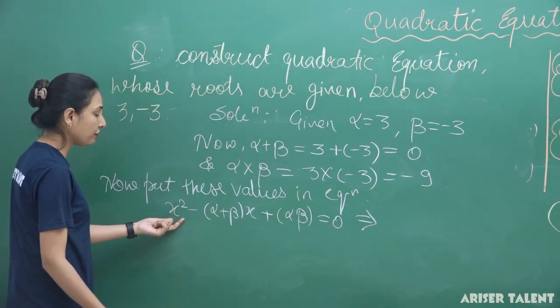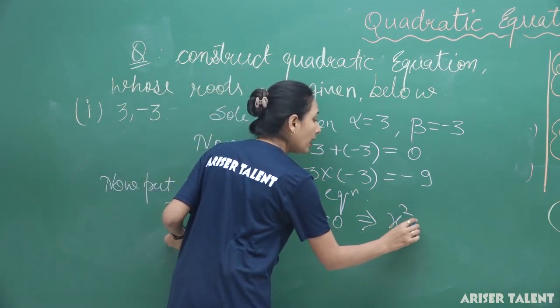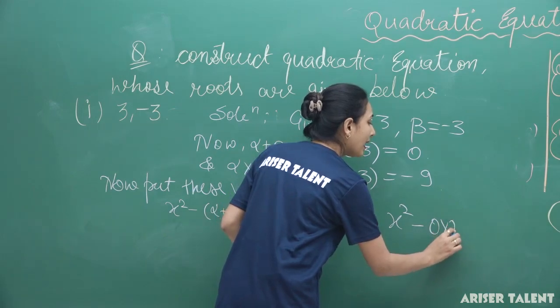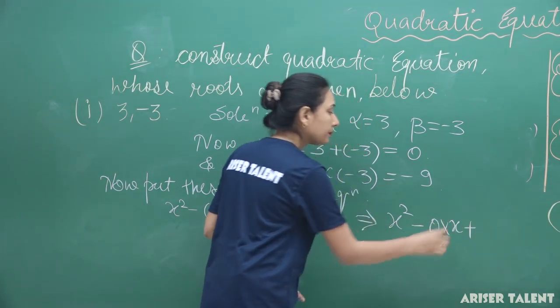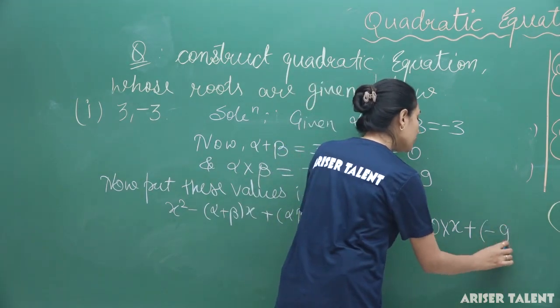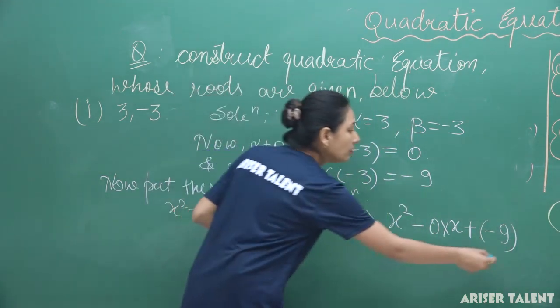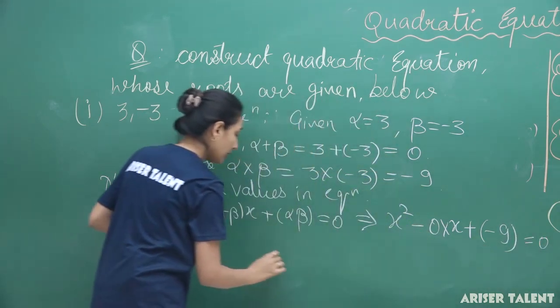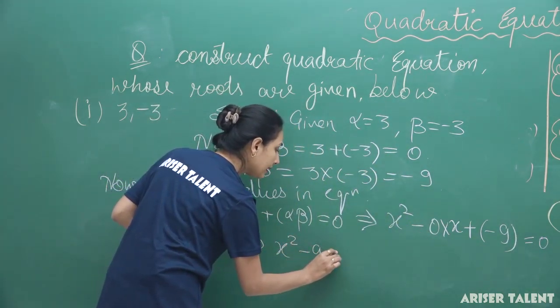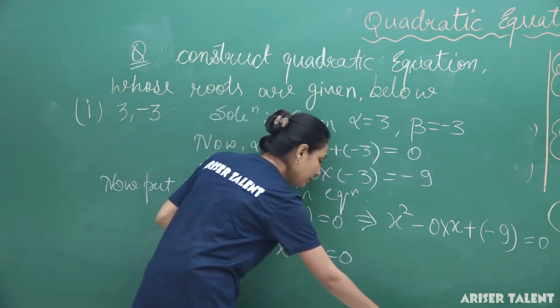Now that equation will change into x square minus 0 multiplied by x plus minus 9 equals 0. This equation will ultimately reduce to x square minus 9 equals 0, right?